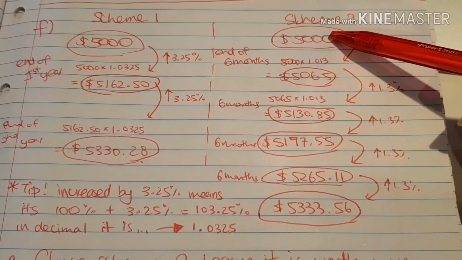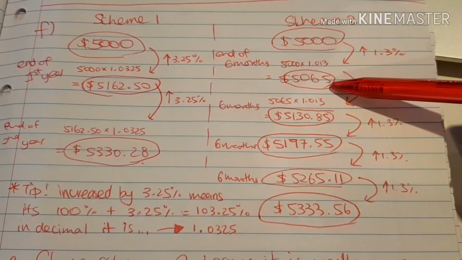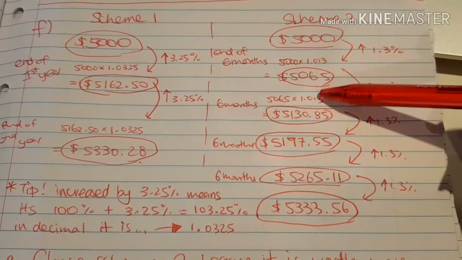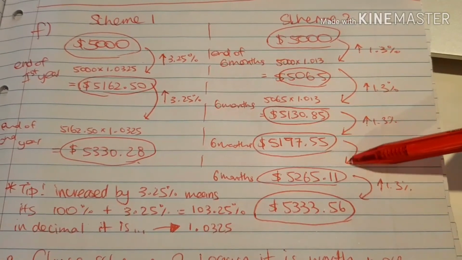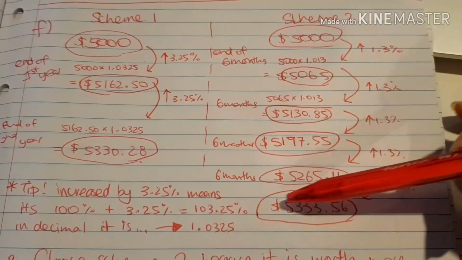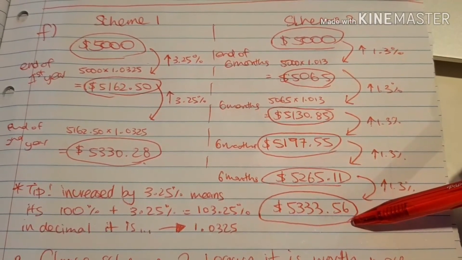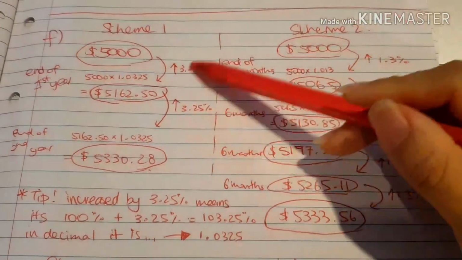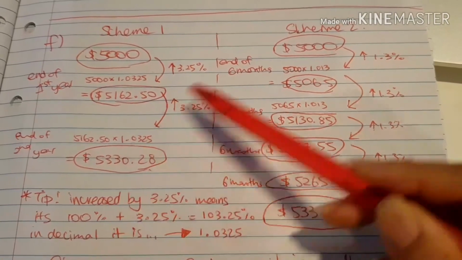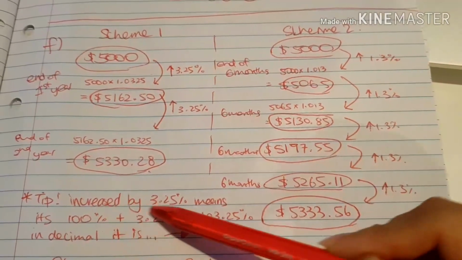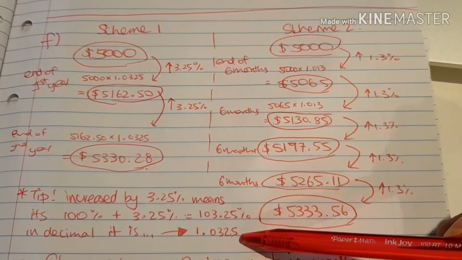So the 5,000 starting amount times 1.013 will be this, going up by 1.3% again, doing the same with the previous amount. Get this, keep on going, and Jemima will end up with this value. Those explanations I wrote in words for you to look at. So it's going up by 3.25 means 100 plus that, which becomes that, and in decimal it will be that one.